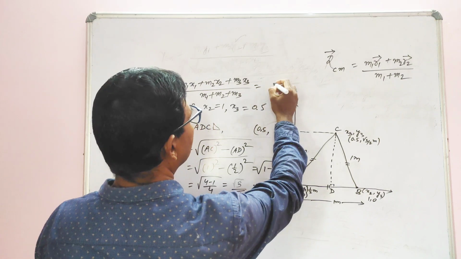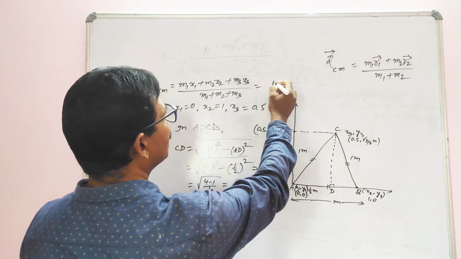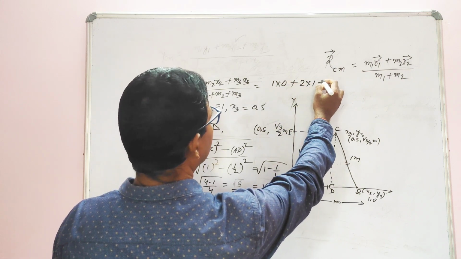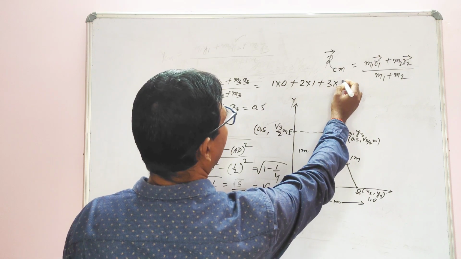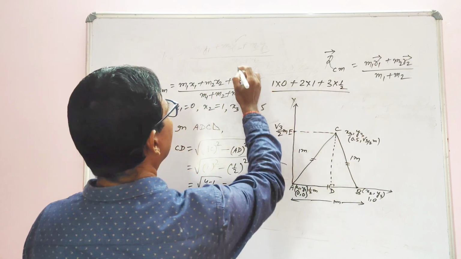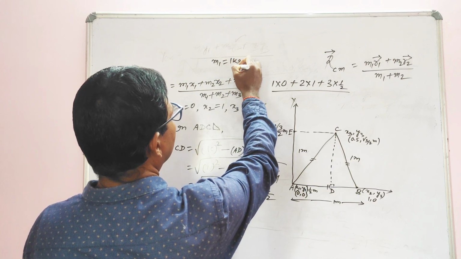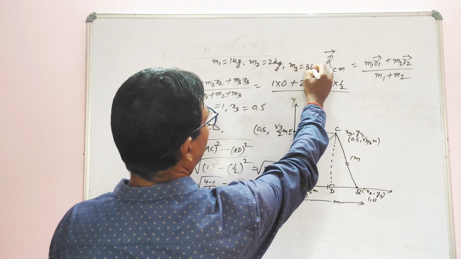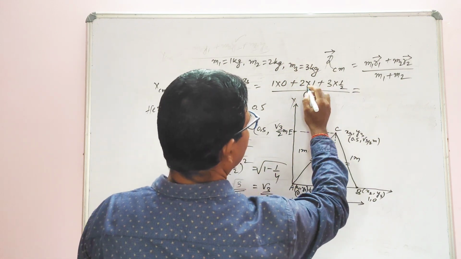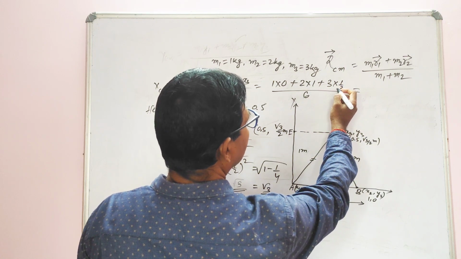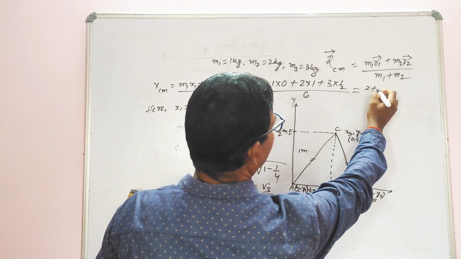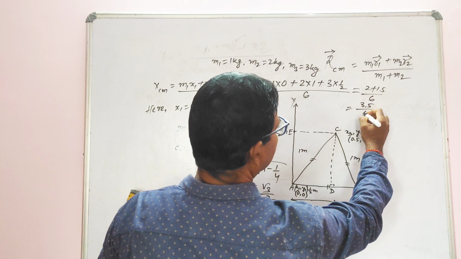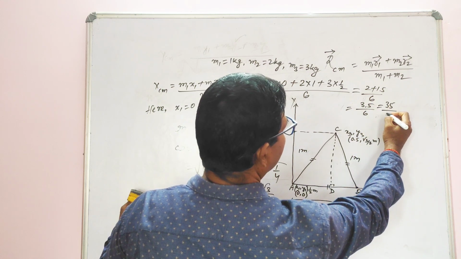M1 into 0 plus M2 into 1 plus M3 into half, divided by M1 plus M2 plus M3. M1 is 1 kg, M2 2 kg, M3 3 kg. So how much is it? 6. That means 2 into 1 is 2 plus 3 by 2, this is 2 plus 1.5, that is 3.5 by 6.